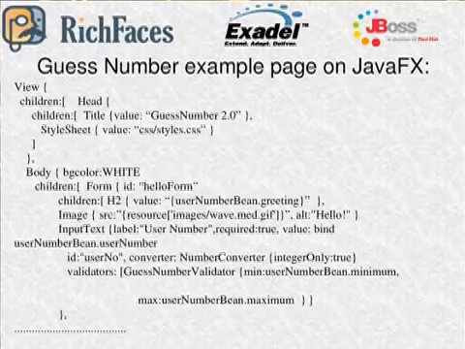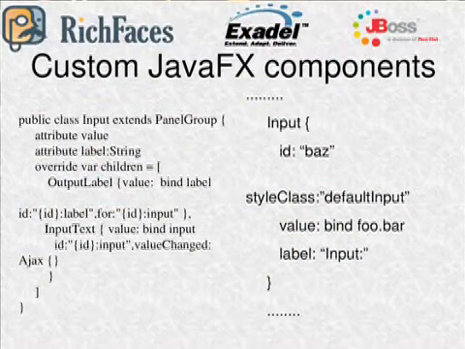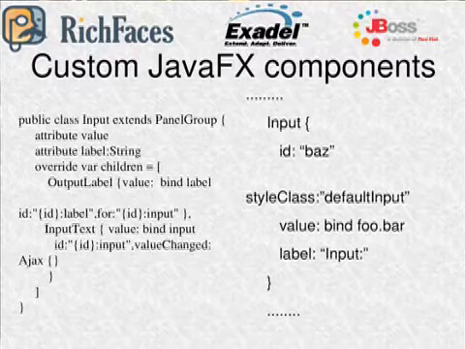If we bind the str attribute from the echo bean, it should be updated automatically as we change the value in the input text component.